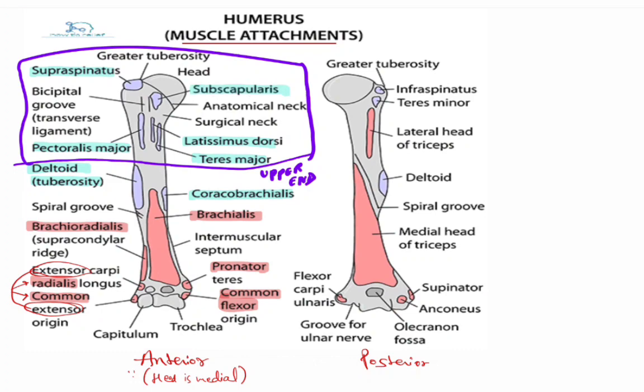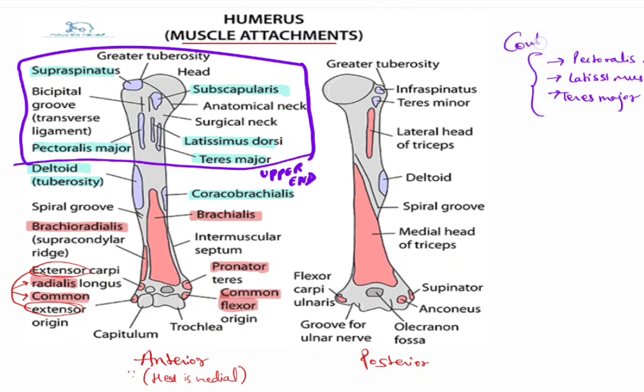So now we will discuss the 5 muscles, as we have read, which are like this: 2 muscles of the rotator cuff, supraspinatus and subscapularis, and the rest are the muscles attaching at the intertubercular groove on the anterior aspect, which are the pectoralis major, latissimus dorsi, and the teres major.